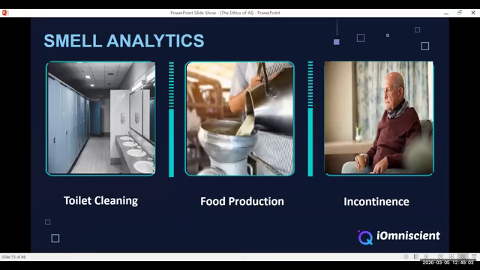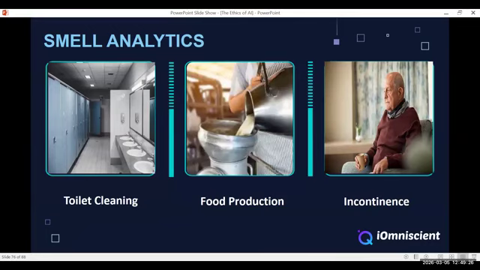What is it used for? In a host of different environments. For instance, for cleaning toilets in airports. They might clean it every 4 hours, but it might start smelling after 20 minutes. So the toilet itself will say, I'm toilet 6, come back and clean me. We use it in food production, in dairy farms, dairy production, for instance.